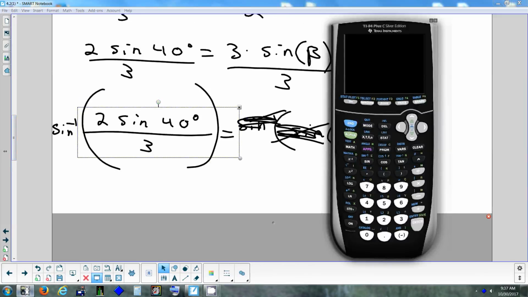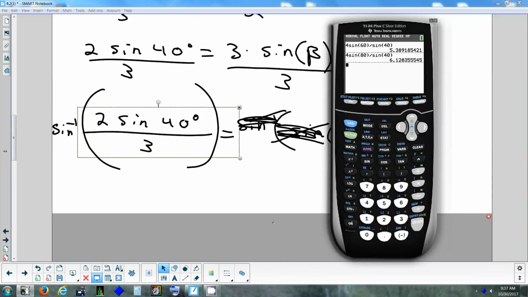Okay, so let's type it in. So now, when I type it in, if I get an error, either I type something wrong, or did a step wrong, or that means it's a no solution problem. Okay. So we've done everything right so far. So let's do inverse sine of 2 sine 40 divided by 3.